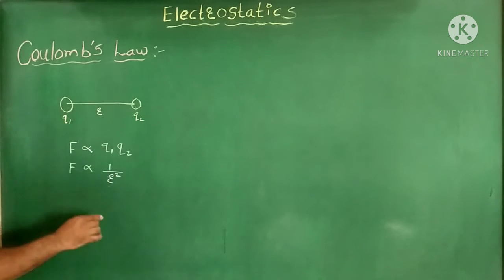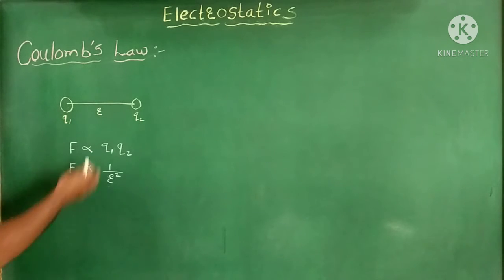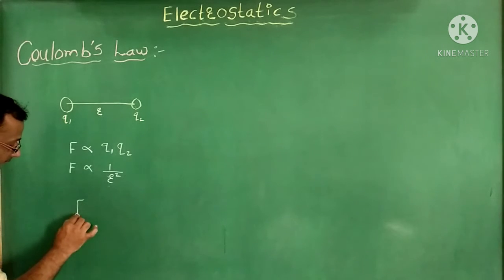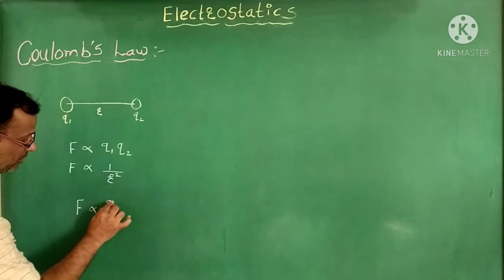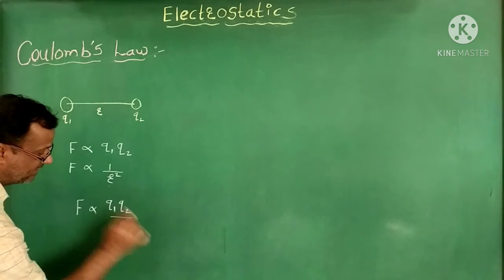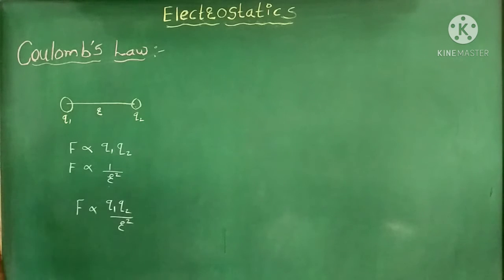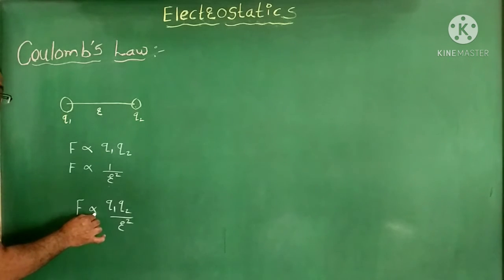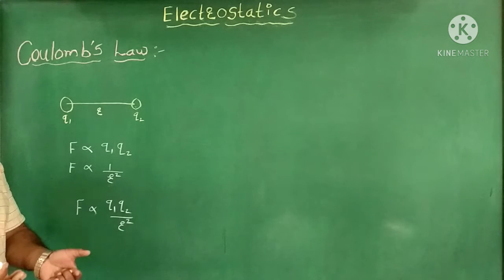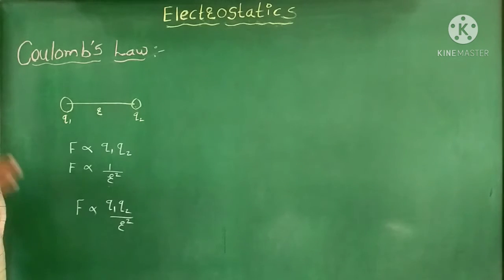But now these are separate equations, and we want to write both equations in combined form. So what do we get? F is directly proportional to Q1 Q2, and r square is as it is. Here this is the proportionality sign, and we want to avoid that and take the equal sign. But when we take the equal sign, at that time we need to take some constant, and such a constant is called the proportionality constant.